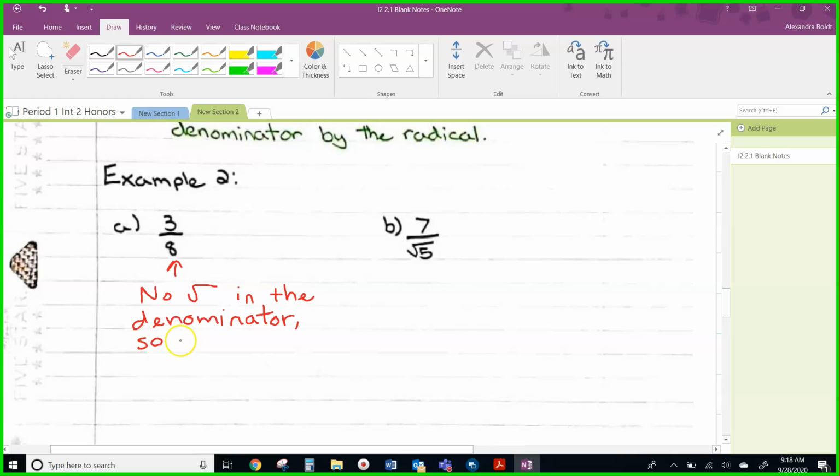So we're done. I don't have to do a single thing to rationalize this denominator. It is a rational number. This is just an example of don't try to force things to happen that don't need to happen. 3/8 is just a regular old fraction with no radicals.